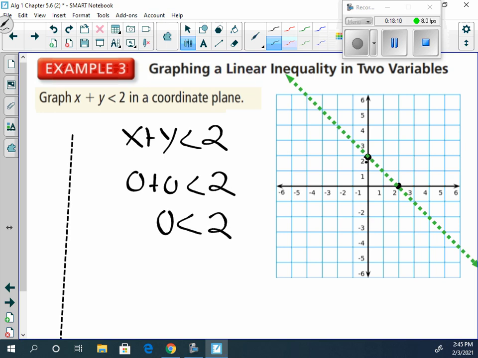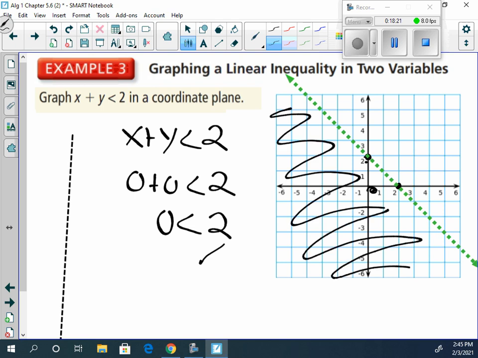Is that true? Yes, 0 is always less than 2. So we shade the side with the point 0, 0. That should be this side here. And that's all we have to do for this here.